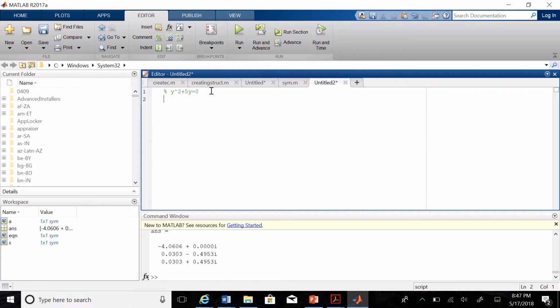So for that, you just type syms y and then type solve, followed by the equation that you want to solve. By default, Matlab will set that equal to zero: y power of 2 plus 5 times y.